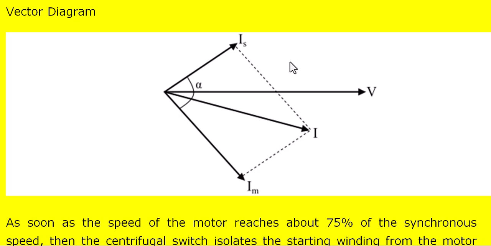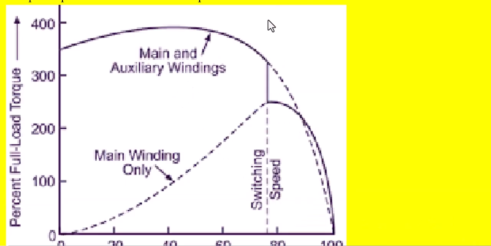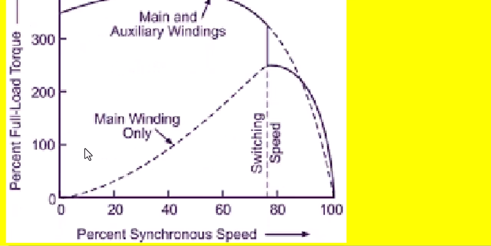Once the motor picks up to 75% of rated speed, the centrifugal switch opens so that the auxiliary winding is disconnected from the circuit, and the rotor continues to rotate in the same direction as before.